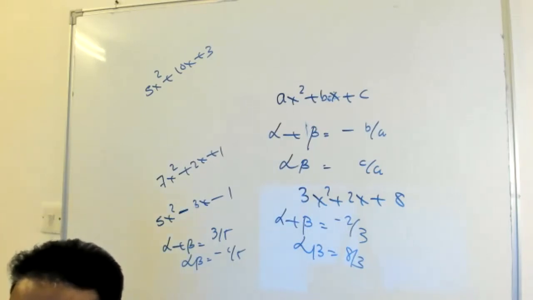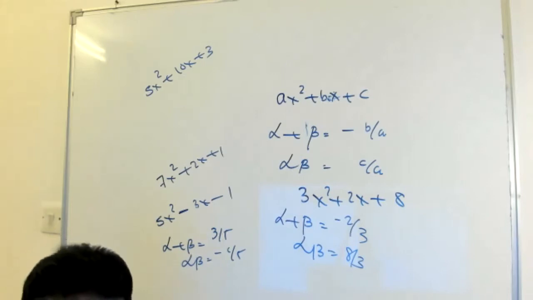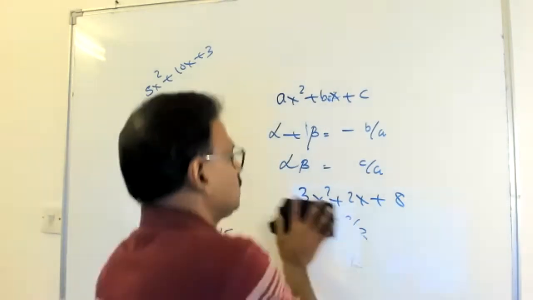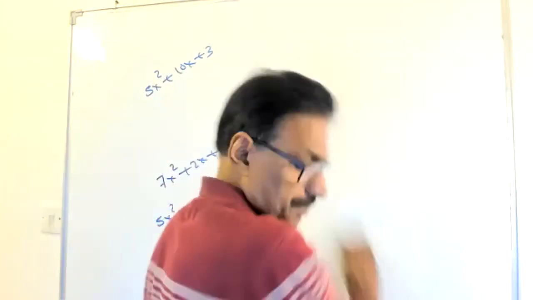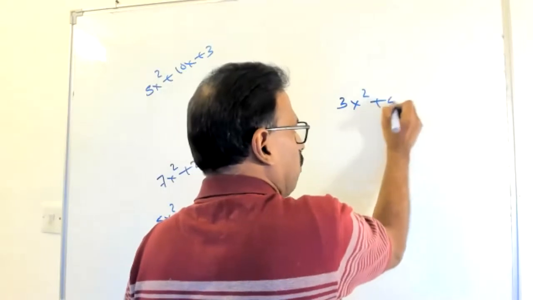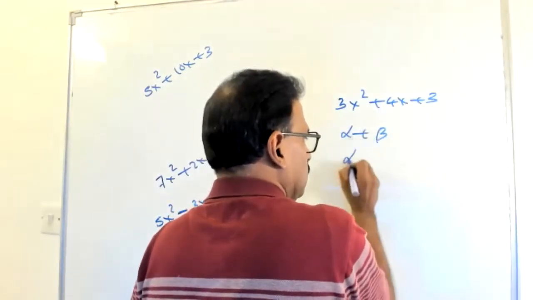Are you okay? Yes, sir. Is it clear how to write alpha plus beta and alpha beta? Okay, I'll give you a question. Write this one: 3x squared plus 4x plus 3. What is alpha plus beta? What is alpha beta?